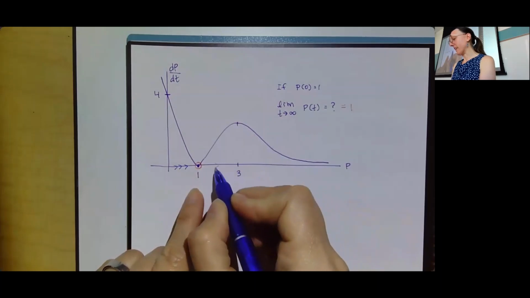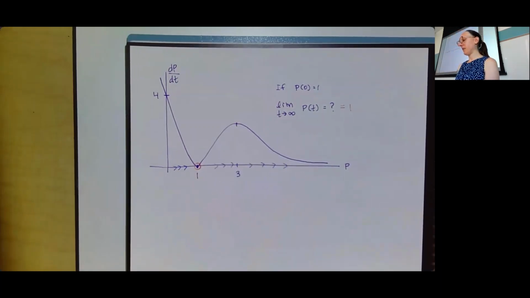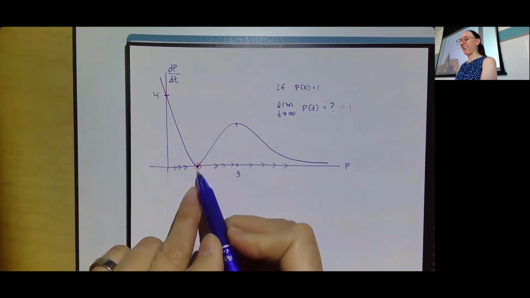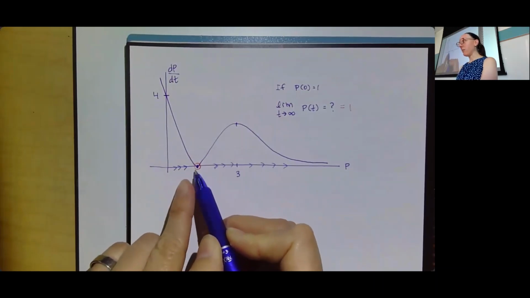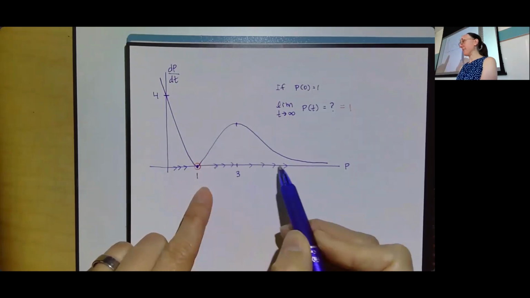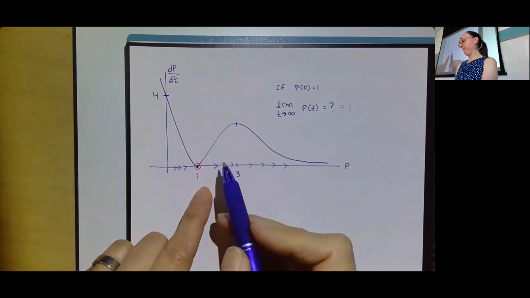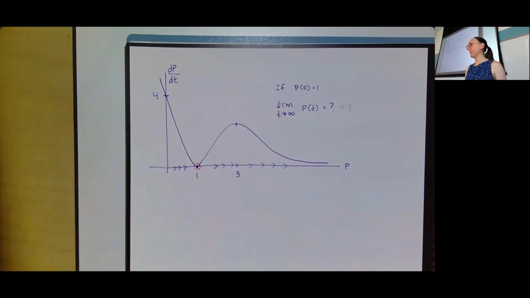So my function is increasing. So technically 1 is not locally stable. It's like one-sided stable, but from the other side, it's unstable. So sometimes we call that semi-stable, but it is not locally stable.